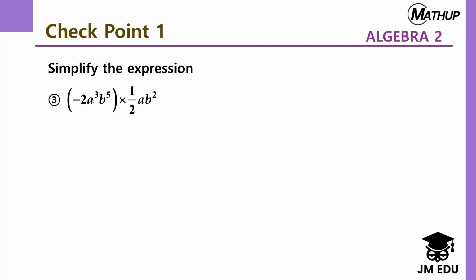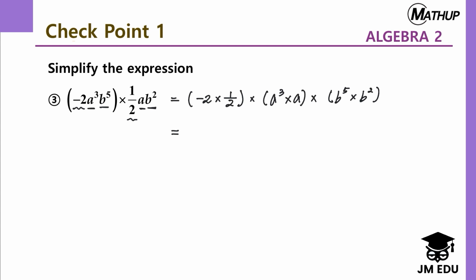Number 3, we have negative 2 and 1/2 here, right? So we're going to multiply this constant by 1/2, constant by constant, times we have a cubed and a, so a cubed times a, times b to the 5 times b squared.